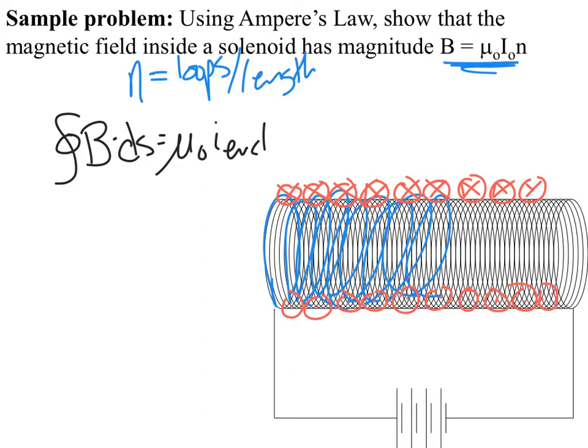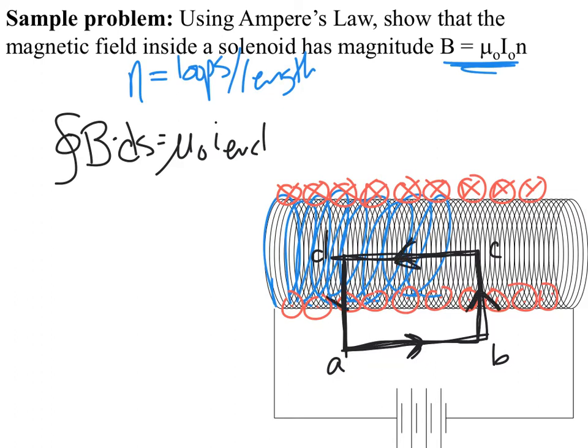Now, it looks to me like we can draw a loop like this, and it'll enclose some current carrying wires. So I'll have a net current enclosed. I'm just going to draw a box because I think that's easiest. So I'm going to go from point A to point B to point C to point D. I'm going to go in this direction around this Amperian loop.